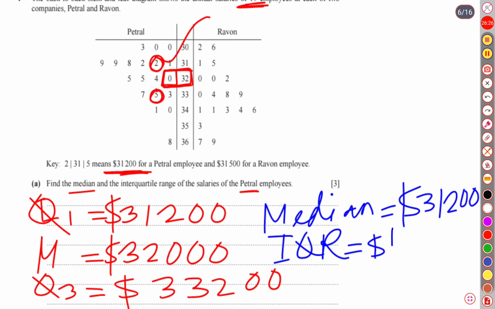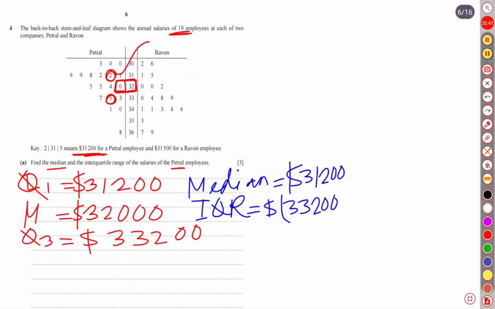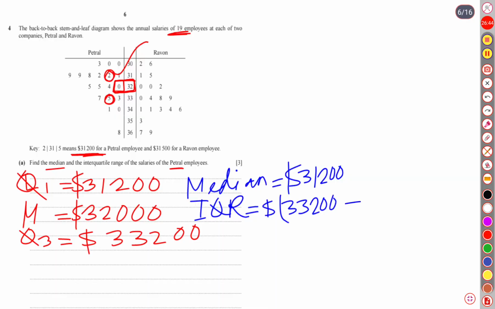The upper quartile is $33,200, minus the lower quartile, which is $31,200. So if we subtract 312 from 332, it is going to be 332 or 330.